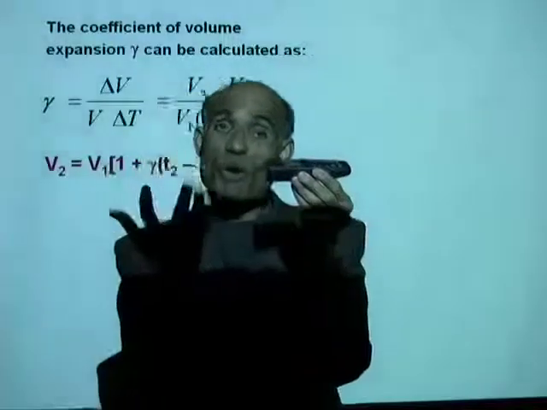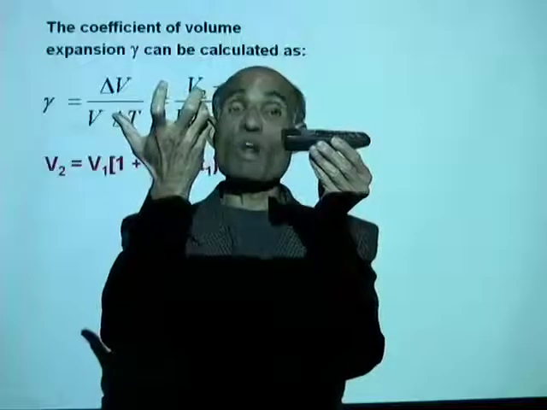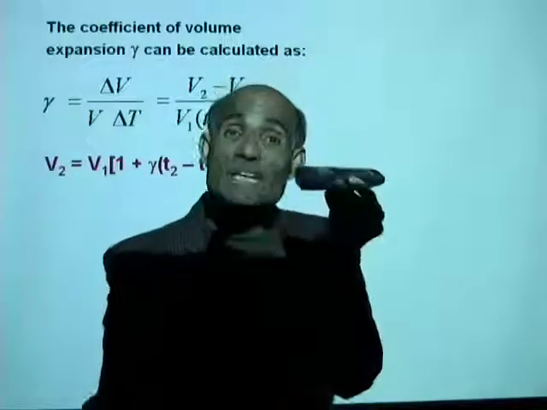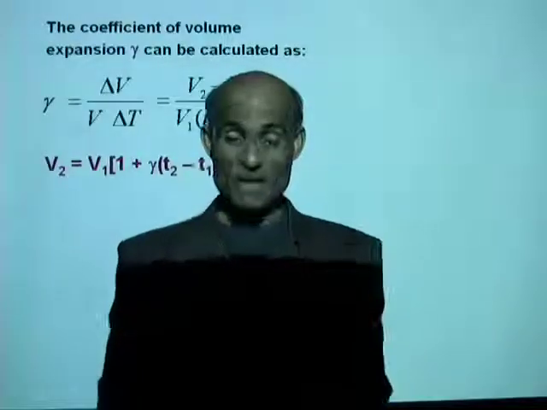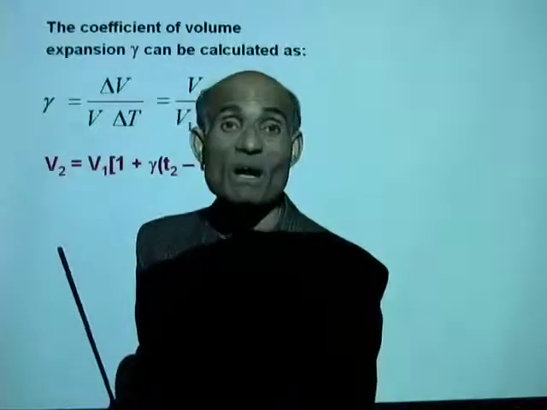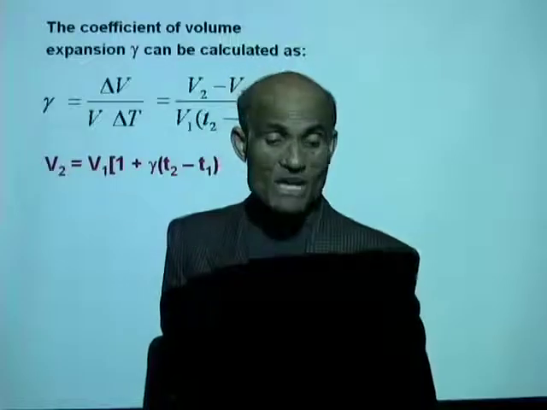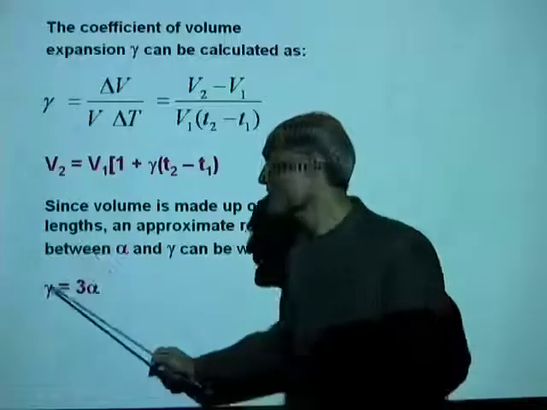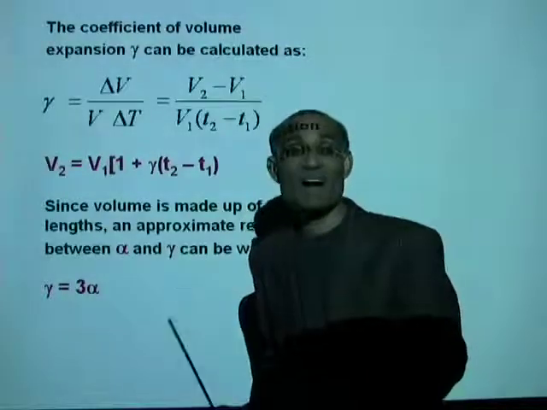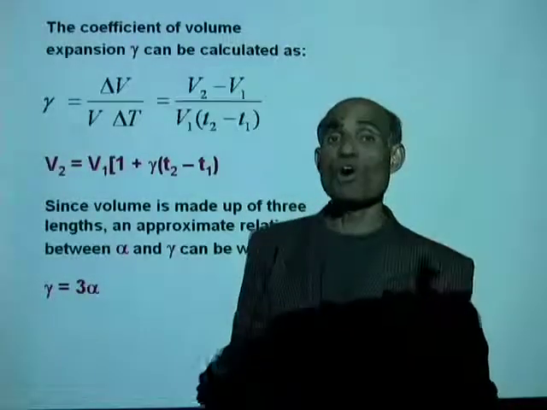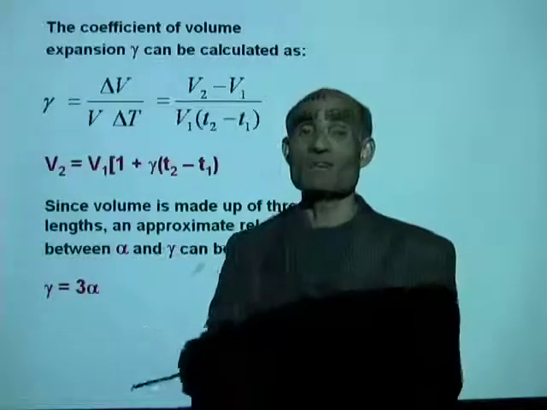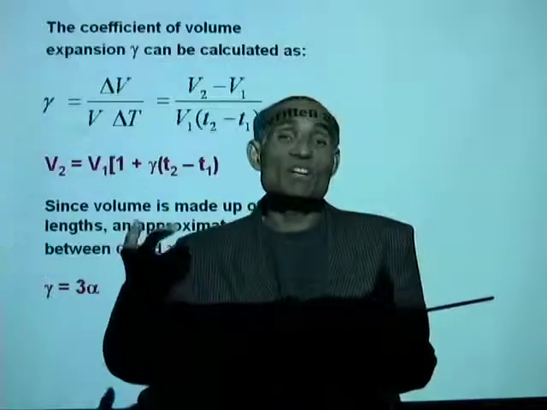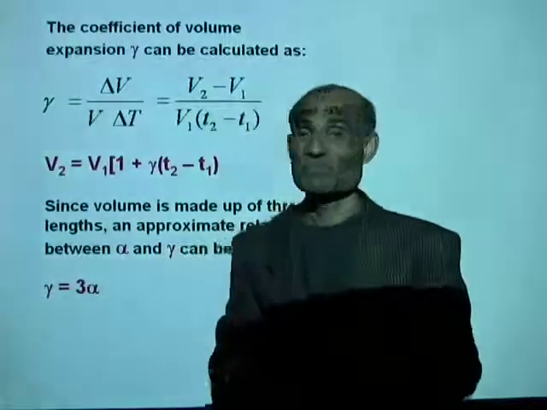Therefore, when you talk about increase in volume, it involves increase in length 3 times. Therefore, what is an approximate relation between alpha and gamma? We can say gamma equal to 3 alpha. Gamma involves 3 times alpha. A change in volume involves increase in length 3 times.